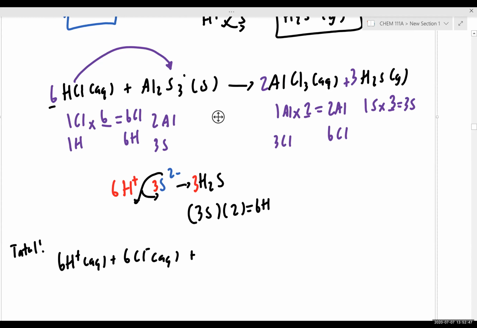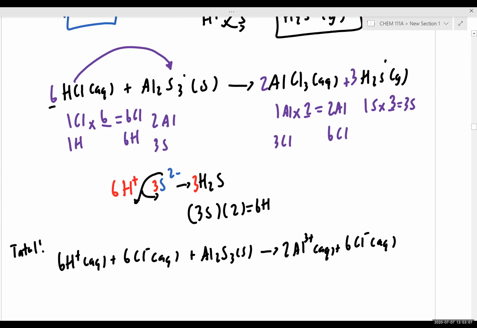Do I break aluminum sulfide apart or do I keep it together? No, we keep it together. It's insoluble. Okay, aluminum chloride, we break apart into 2 aluminum 3+ aqueous and 6 Cl- aqueous. Do we break up hydrogen sulfide? No.